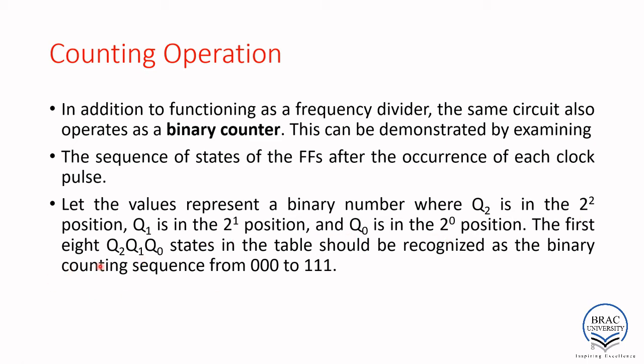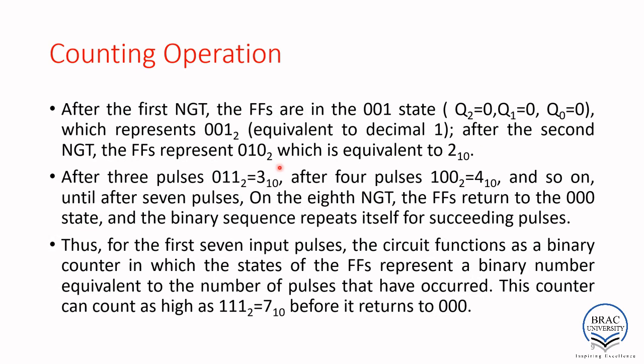The first 8 Q2, Q1, Q0 states in the table should be recognized as the binary counting sequence from 000 to 111. Look at the table for the 3-bit counter.